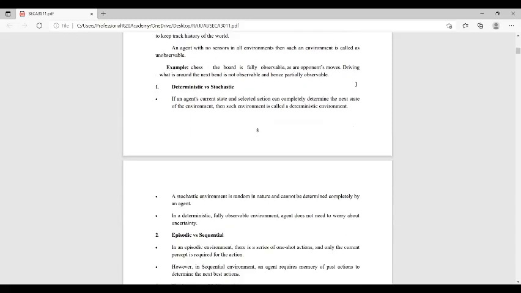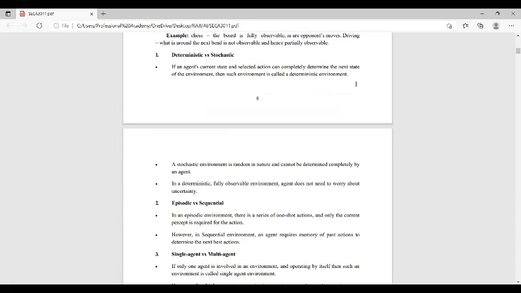Okay, so environments are categorized in different ways: deterministic and stochastic. Deterministic means that the agent's current state and selected action can completely determine the next state of the environment. So we are able to determine the next state of the environment. That type of environment is called deterministic.